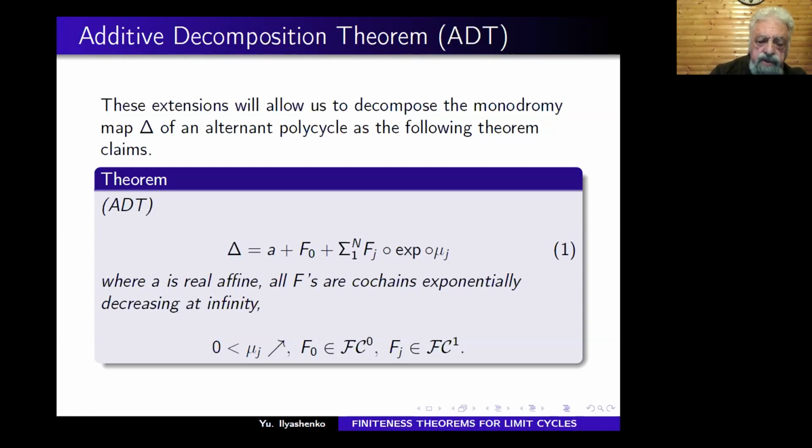All the orbits are periodic, but none of them is a limit cycle because a limit cycle is an isolated periodic orbit. And if the series in the sum in the right-hand side is non-trivial, so either A is affine but non-identical, or some terms Fj are not identically zeros, then I will prove that the map has no fixed points near infinity.